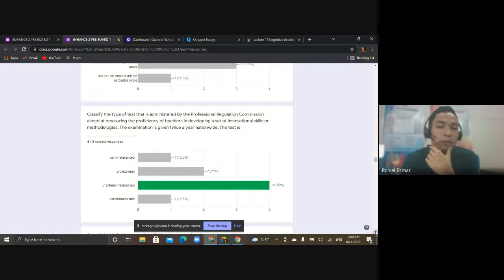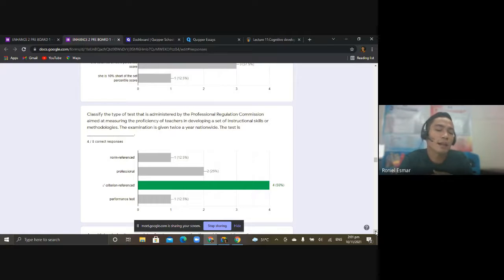Is it norm reference? Wala ba'y nakaset nga specific standard or rating nga kailangan apson sa tanang takers? Are we basing entirely kung kinsa ang makapasar based on the highest? No, because if that's the case, it should be norm reference.